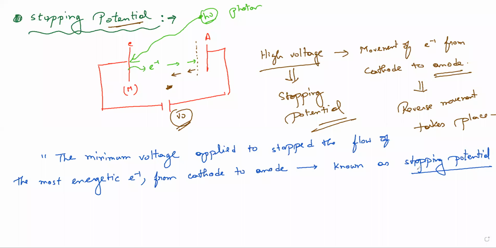Is it clear? And we all know that according to the photoelectric effect, incident energy equals work function plus kinetic energy. In this case, kinetic energy you can write with the formula E equals Q into V. This is a very preliminary formula.